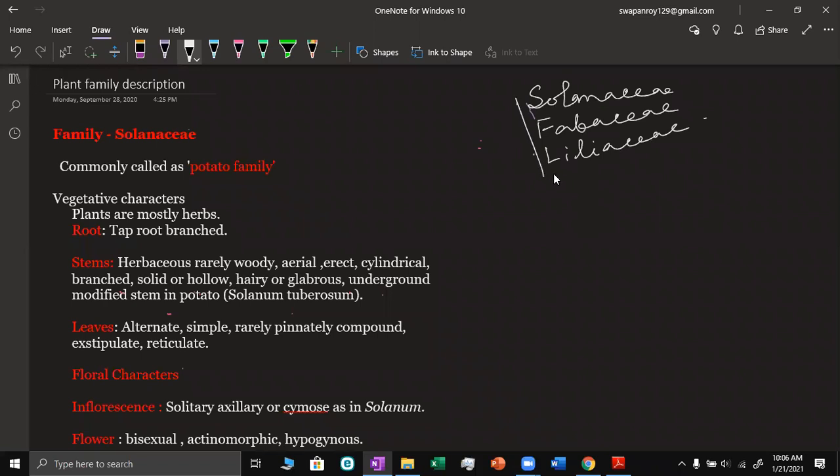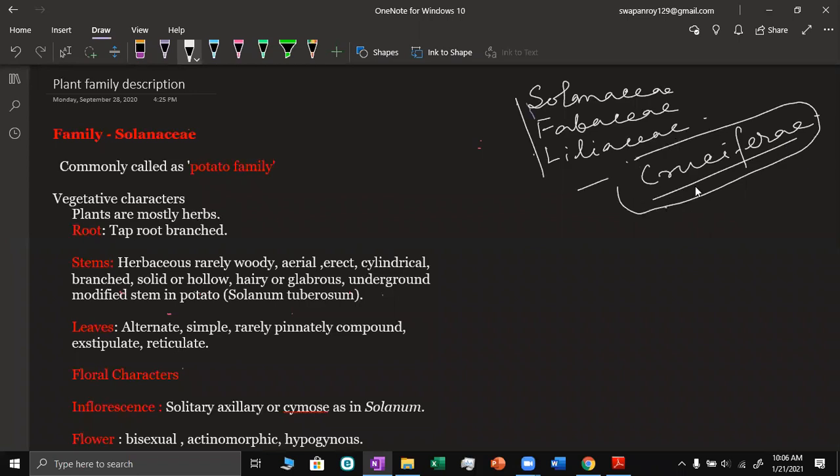We also have to know a little bit of the Cruciferae, because in the book, the example of the Cruciferae, their floral diagram, has been explained. So that also we have to know a little bit.